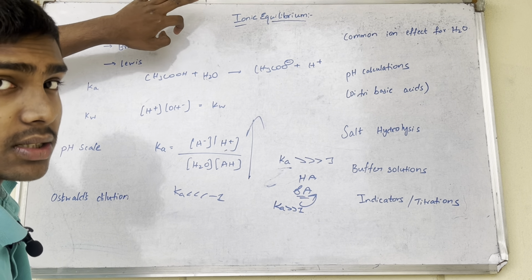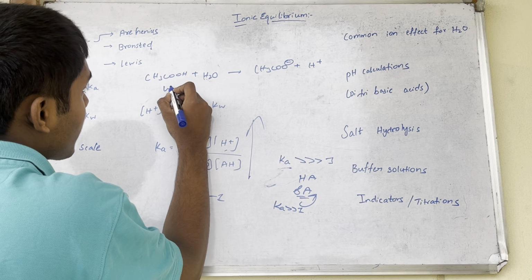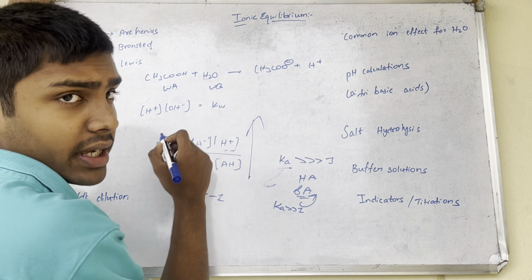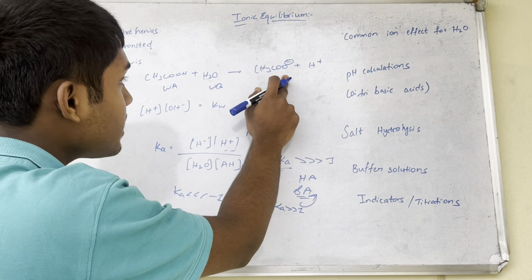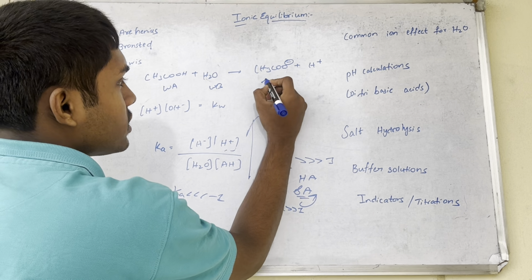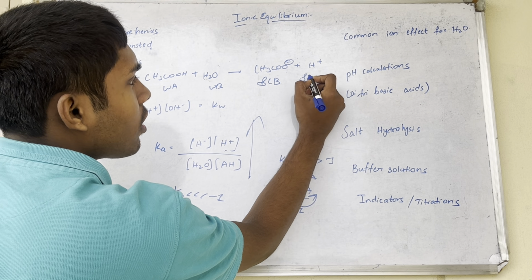Here we know that CH3COOH is a weak acid and H2O is a weak base, correct? Now CH3COO minus, its conjugate base, will be very strong. So it's a strong conjugate base, and it's a strong conjugate acid.